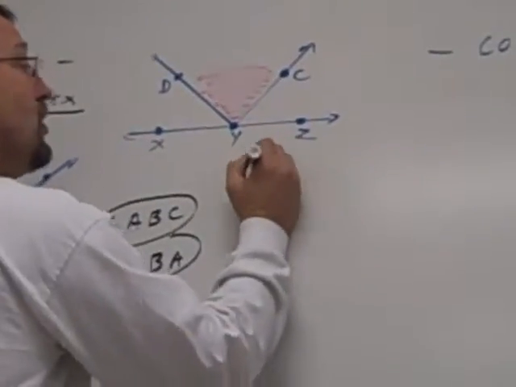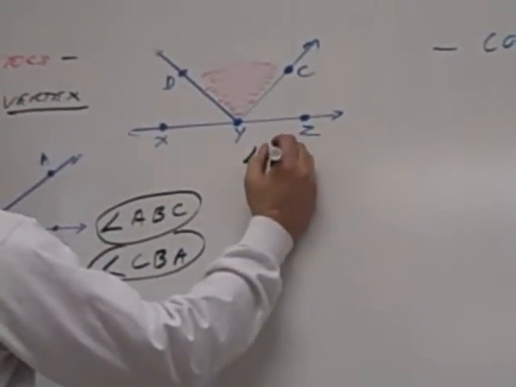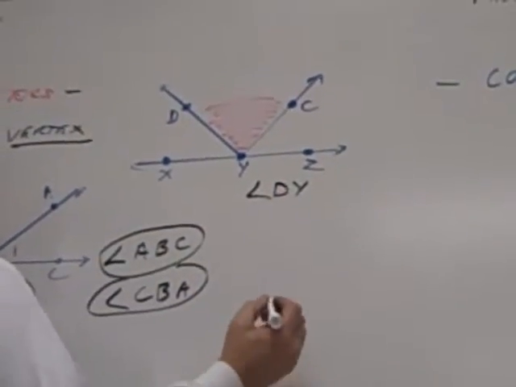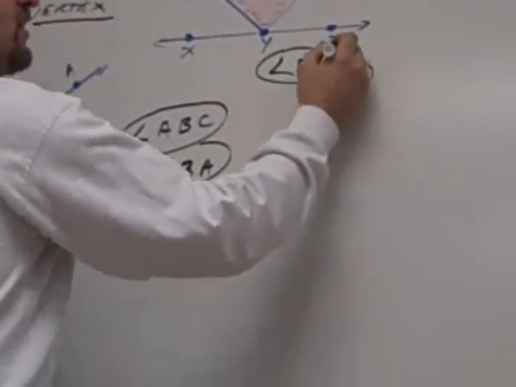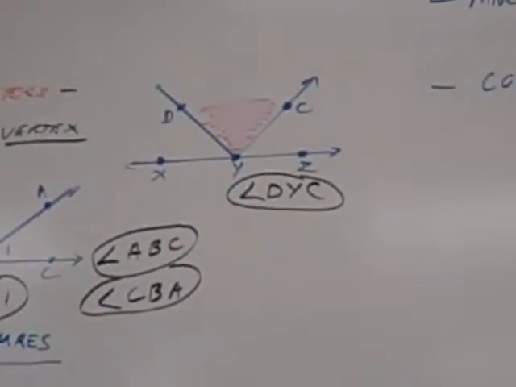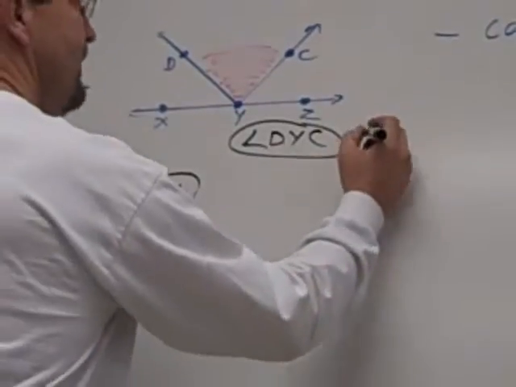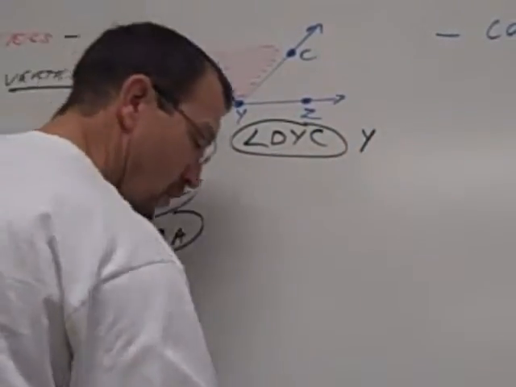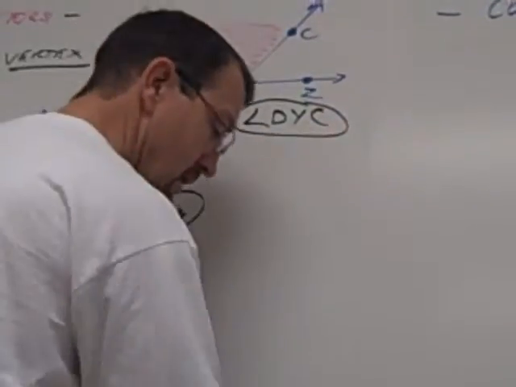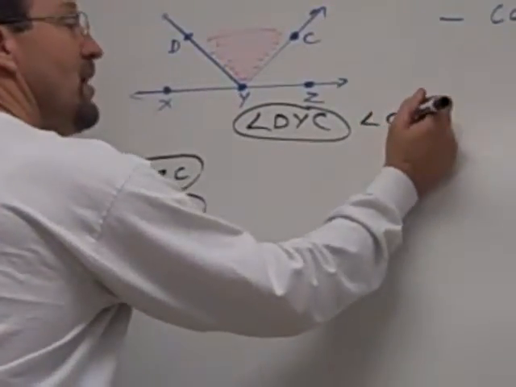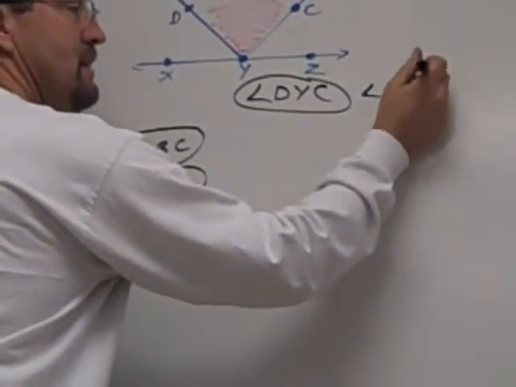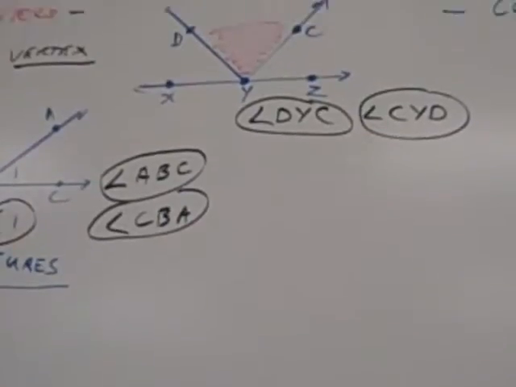What do you think? Angle D, Y, C. There's one way. There is a second way. What's the second way? C, Y, D. Angle, go the other direction. C, Y, D. Either one of those is acceptable.